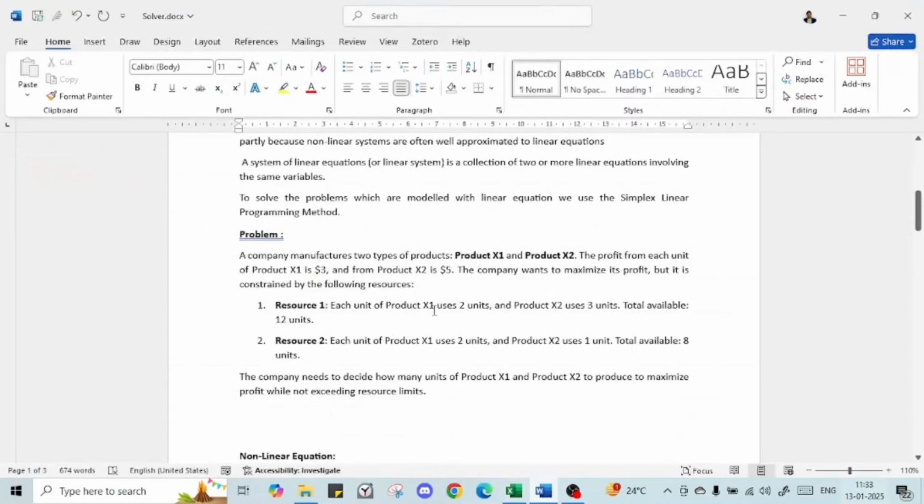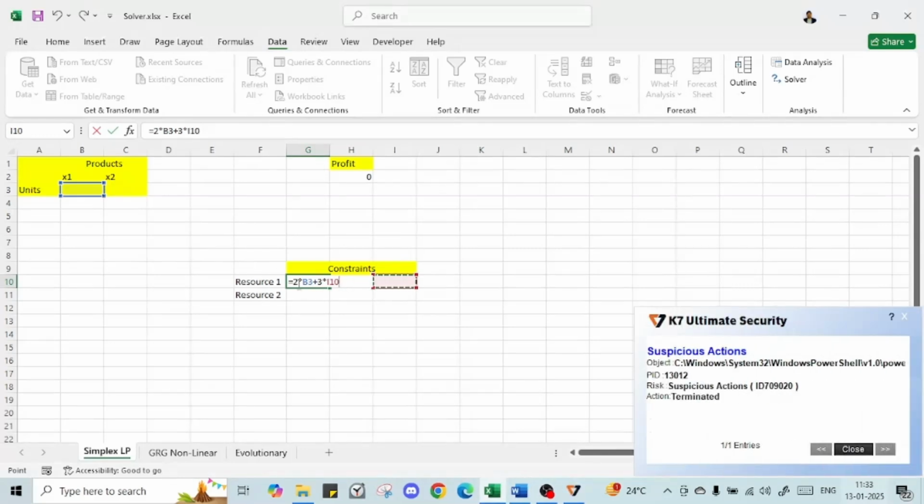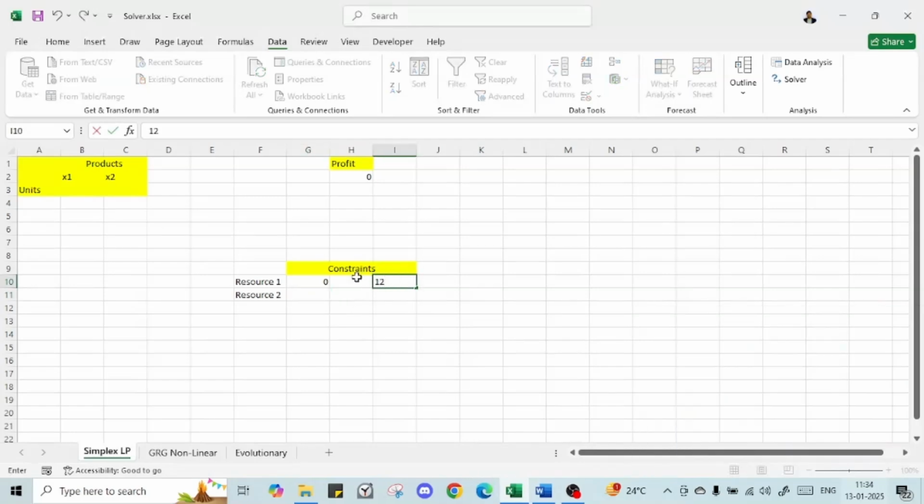Each unit of product X1 uses 2 units of resource 1 and product X2 uses 3 units of resource 1. So it is 2 times the number of units of X1 plus 3 times the number of units of X2. The total resource constraint is 12, so it should be less than or equal to 12.